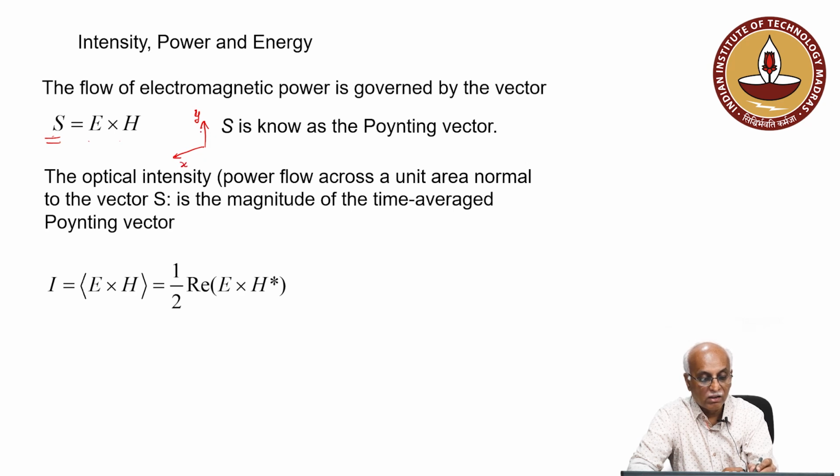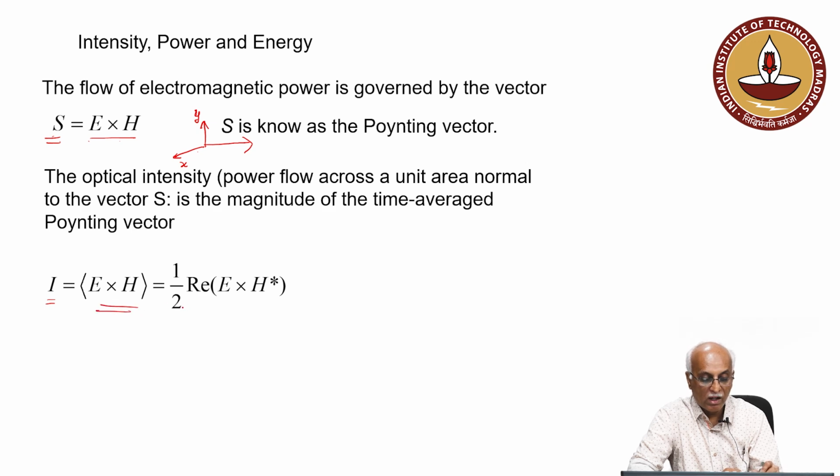This sinusoidal oscillation results in propagation of the electromagnetic wave perpendicular to both, given by E cross H bar. S is also known as the Poynting vector. Hence the intensity of the light can be given by the magnitude of E cross H bar.